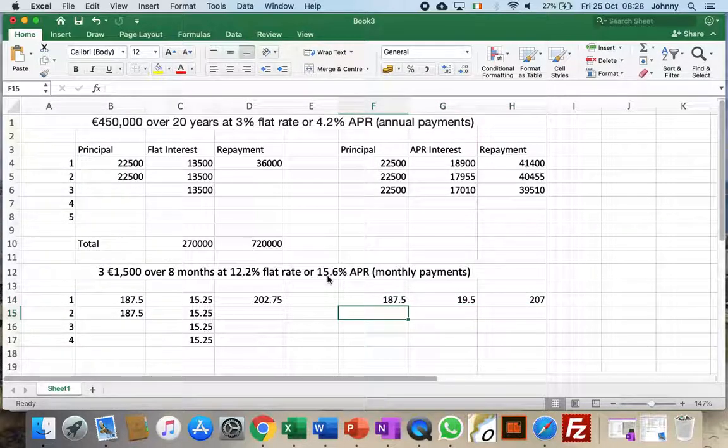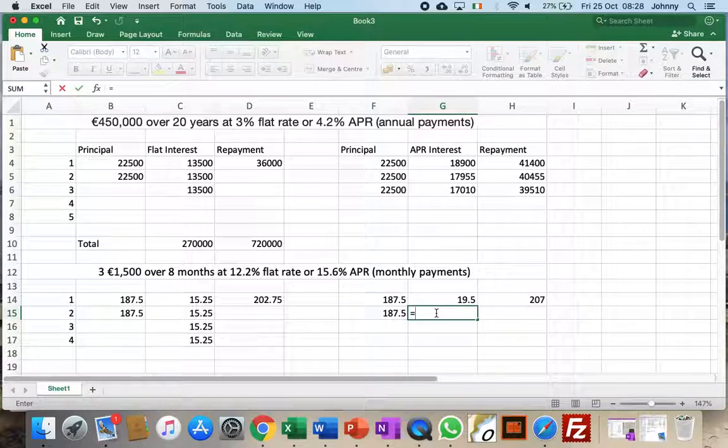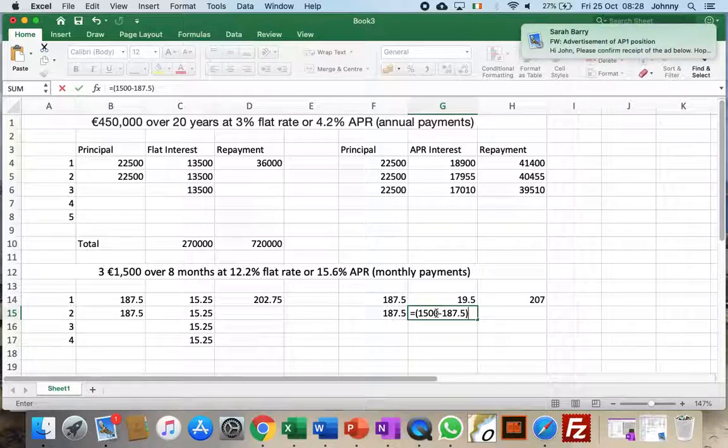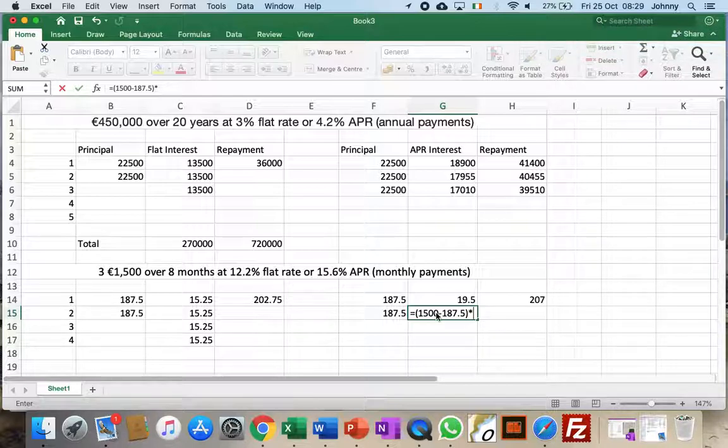The next month, I'm still going to have a repayment of 187.5, which is an eighth of the original money I borrowed. But during that month, I would have only had one payment taken off, so to work out my interest, I would have owed 1,500 minus 187.5, and then I multiply that figure by 0.156.